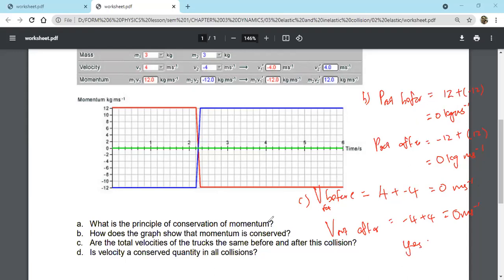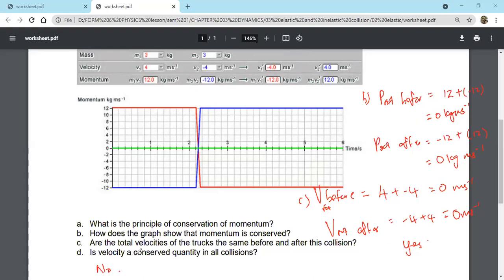D: is velocity a conserved quantity in all collisions? No, total velocity is not conserved, but the total kinetic energy is conserved.